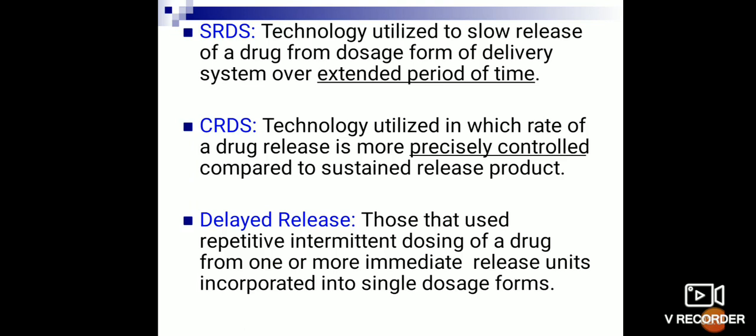Okay. Now the controlled release drug delivery system. Here the technology is utilized in which the rate of drug release is more precisely controlled compared to sustained release products, right? In controlled release systems we control the rate and time.